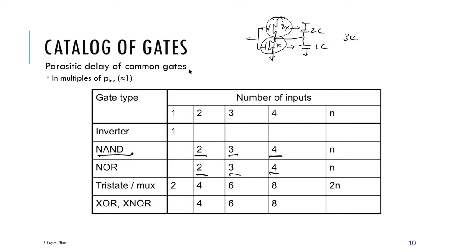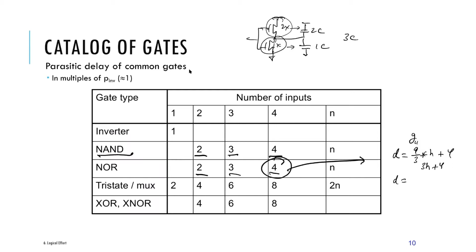And again, if you look at this NOR4, the delay of this NOR4, what did we say? We said it was 9/3, that was the G from the last table, times H plus 4. So this is 3H plus 4, okay?